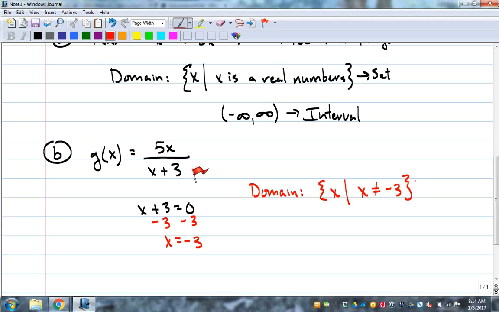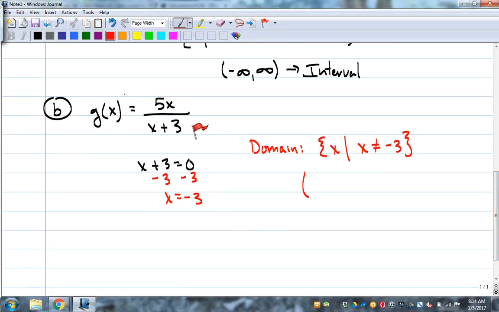The interval notation for that is a little bit more difficult because you're having to carve it out of the negative infinity to positive infinity. So if we're going to scoop the negative 3 out of this whole set, I think this will make the interval notation make better sense. We think about a number line.